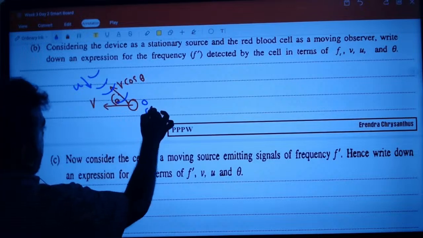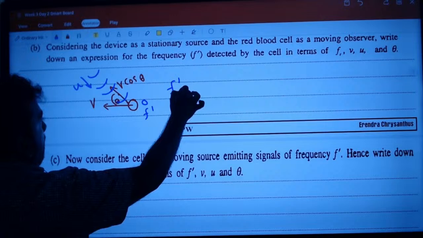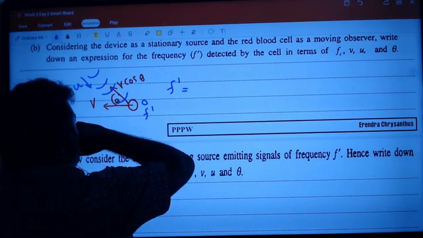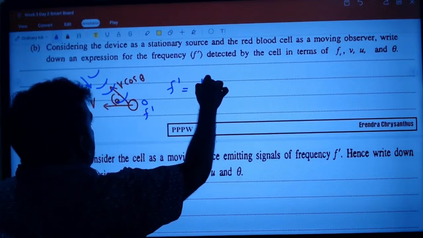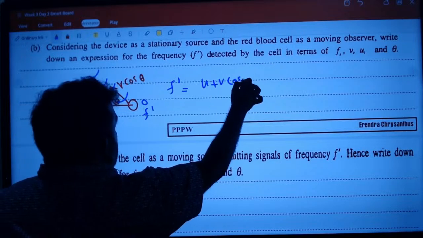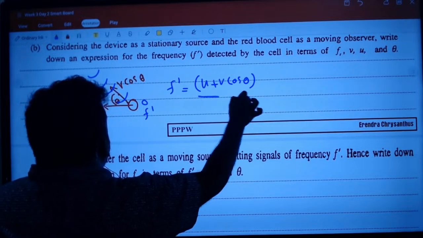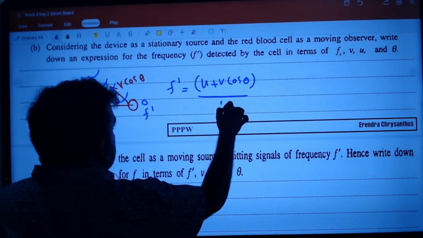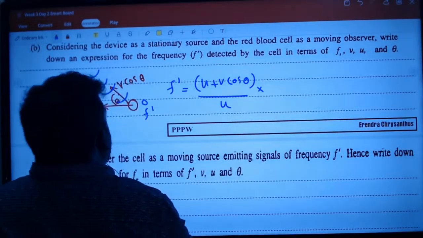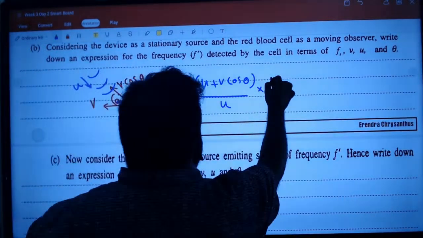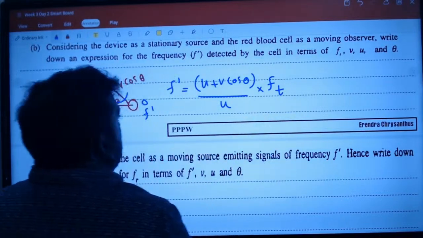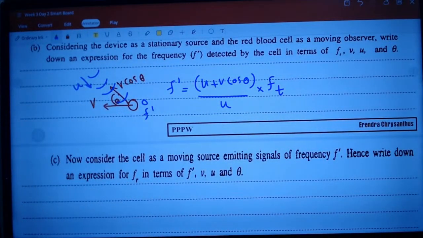So what is f dash? Velocity of sound with respect to the observer, u plus v, divided by velocity of sound with respect to the source, u, into the actual transmitted frequency. Okay, no? Right.